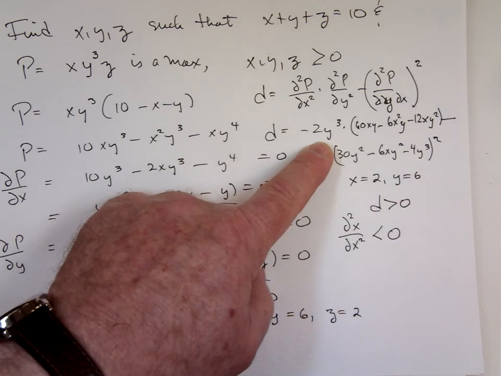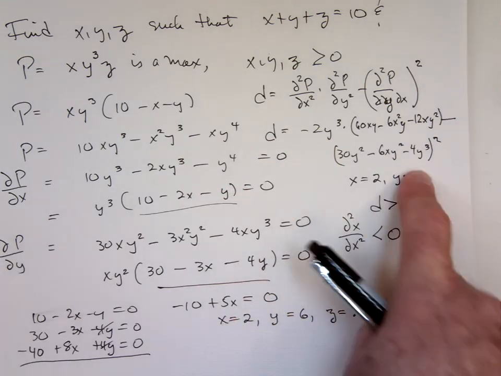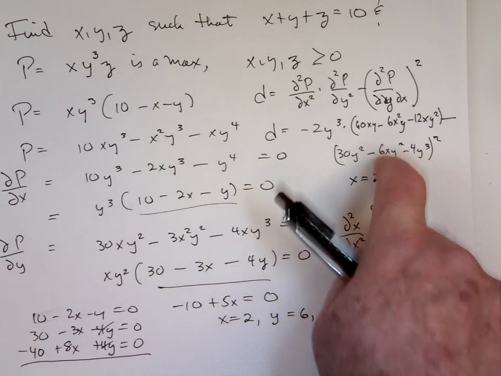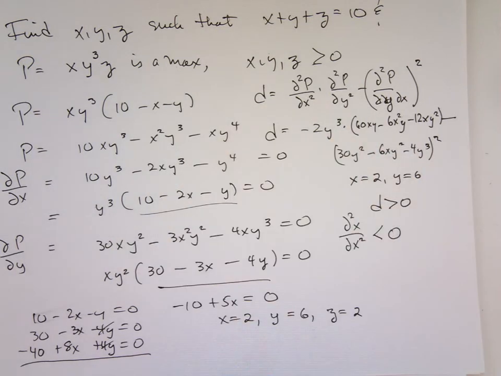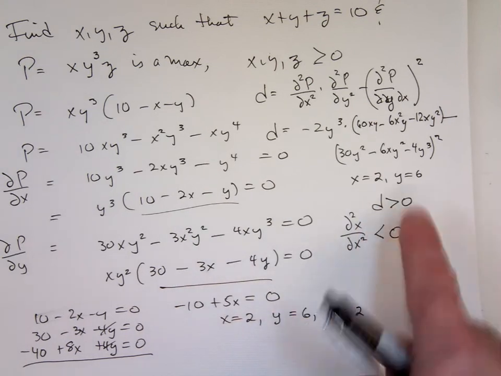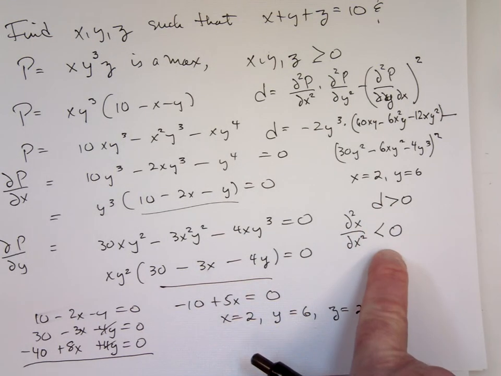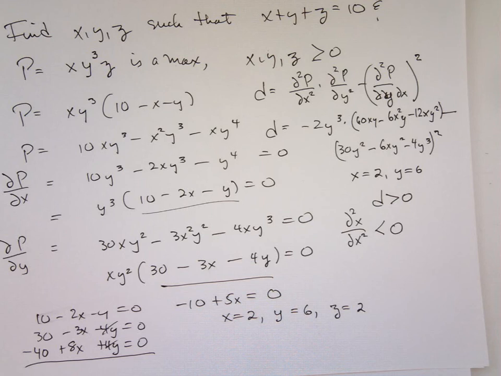But you don't even have to do it out on the test. You just have to know that to get a maximum value, d is greater than 0 and the second partial with respect to x is less than 0. How much do we need to know? Not a heck of a lot.